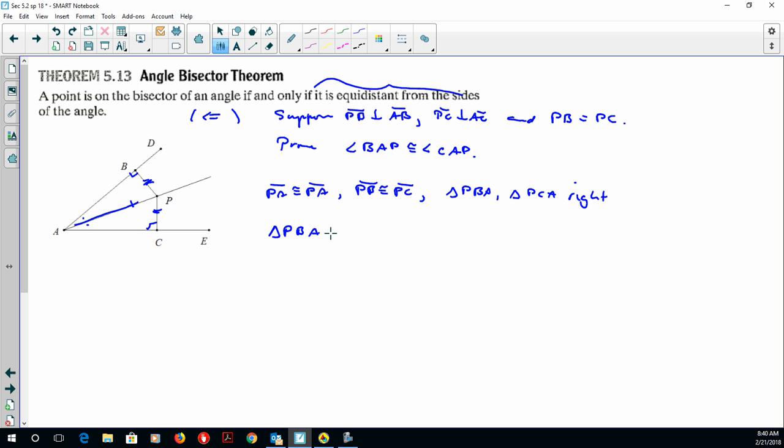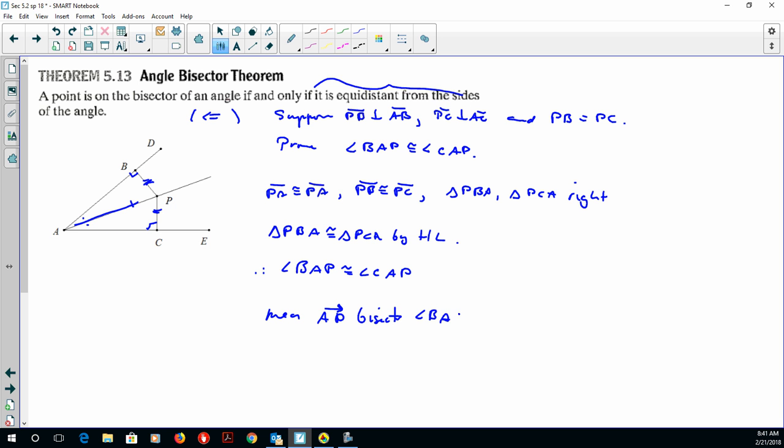Okay. And so that means that angle BAP is congruent to angle CAP, which means AP bisects angle BAC. Okay. Angle bisector theorem is really pretty useful in places.